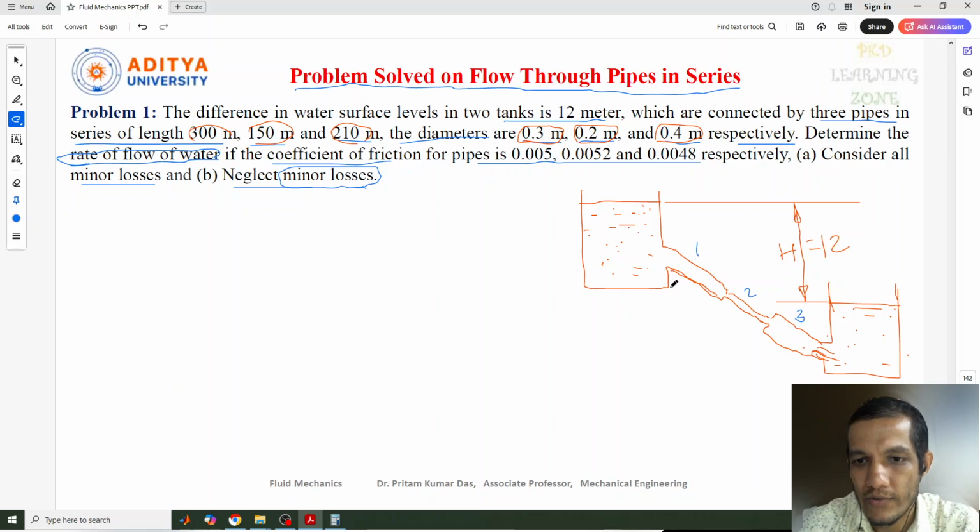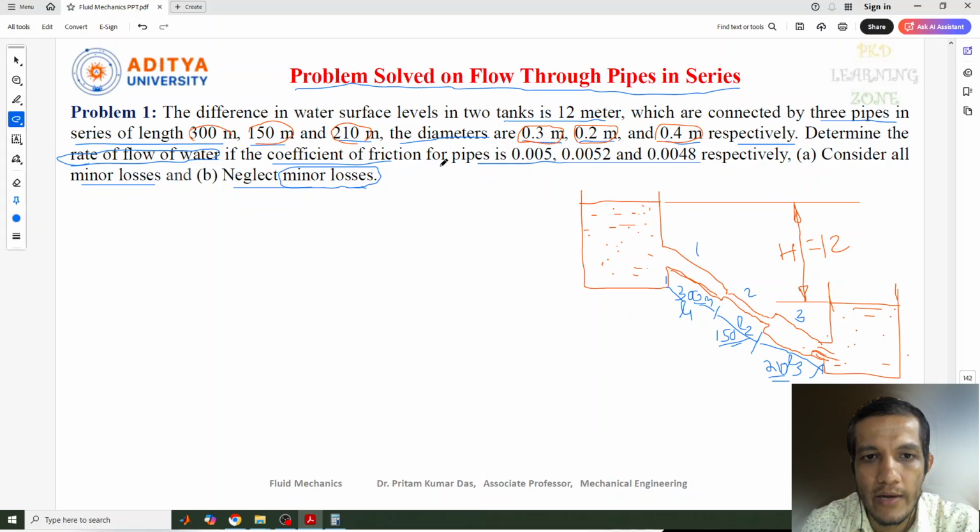The first one, from here to here, is 300 meter, that means L1 is 300 meter, and from here to here this is L2, and from here to here this is L3. L2 equals 150 meter, and L3 equals 210 meter. So all are different lengths.